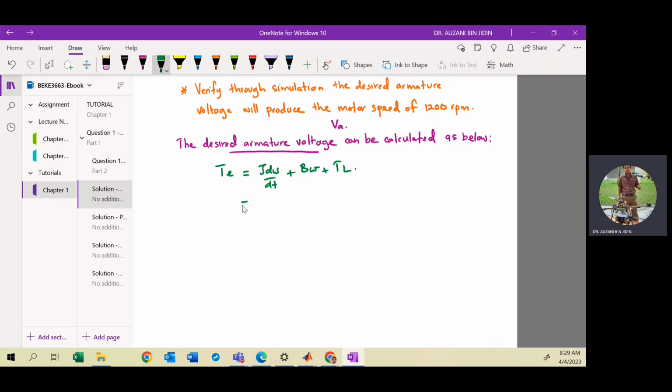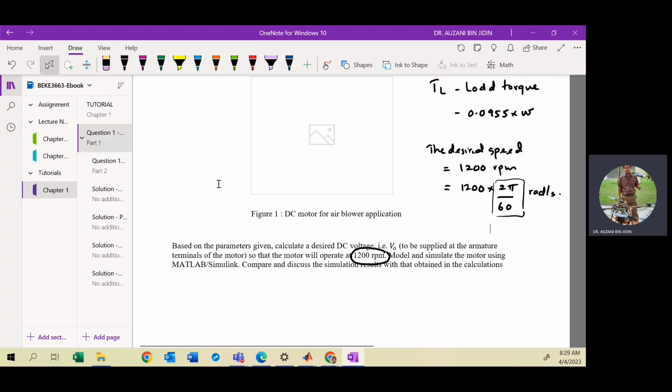Based on the information given in the question, your TL is 0.0955 multiplied by the desired speed. Since we consider analysis for the steady state, there is no change of speed, so this term you can neglect because the speed is constant. B, the viscous friction, is 0, as you can refer to the question.